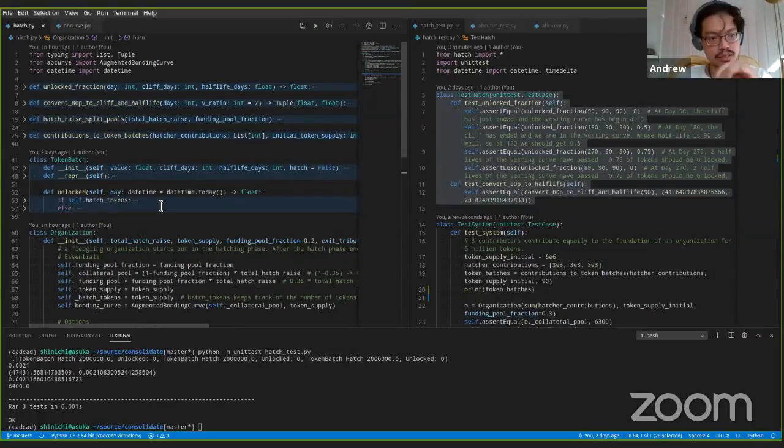Yes, I think it's good to have. It does logically make sense that an organization should take token batches as burning. But I'll have to think more about that.